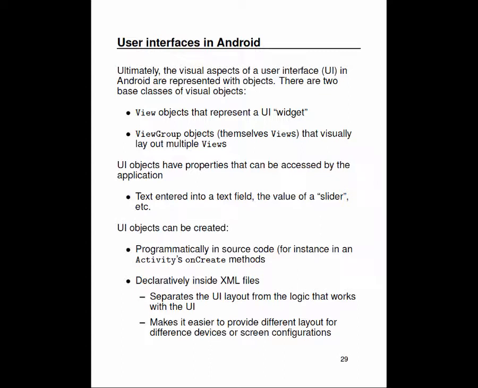It also allows you to have the same logic code, sometimes even the same activity code. You can have the same activity that works on different views, different XML files that are maybe configured and optimized for different device sizes. So we're not going to see it in this class.